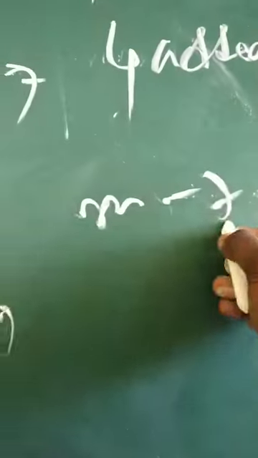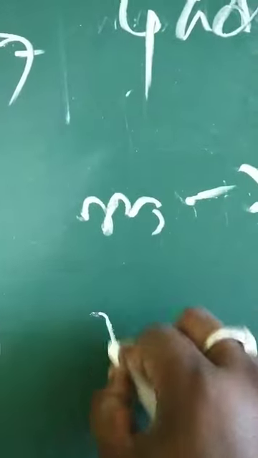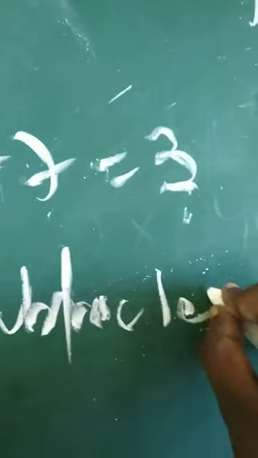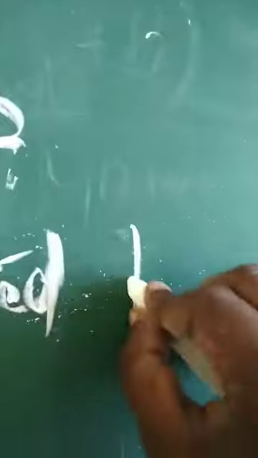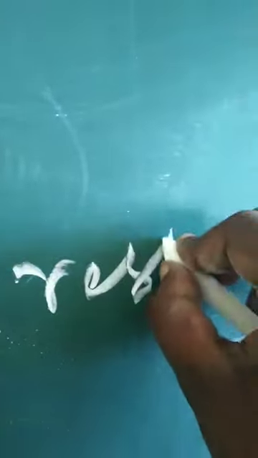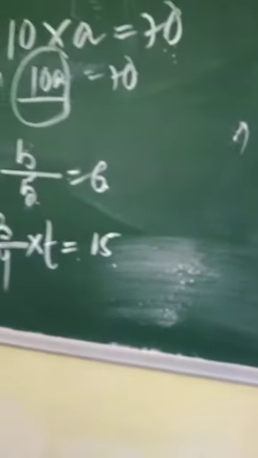Next one is m minus 7 is equal to 3. We can say it this way, children: 7 subtracted from m results in 3.